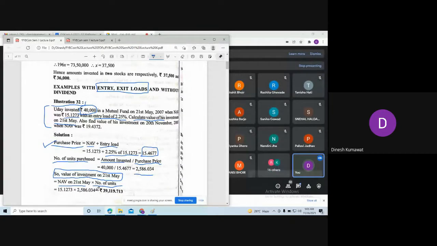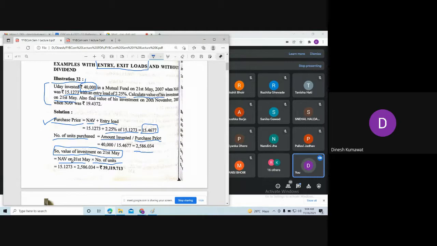Priyanka is getting 713. Dhananjay is getting 39,119.712. Okay, so after rounding off, you can say that it is 0.713. Okay, these are some slight errors which your calculator does. In fact, it is not a calculator mistake, it is your mistake.